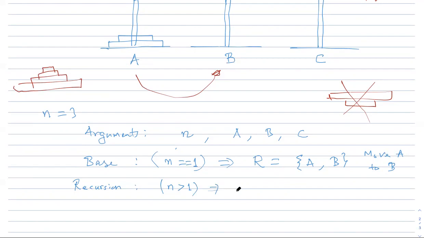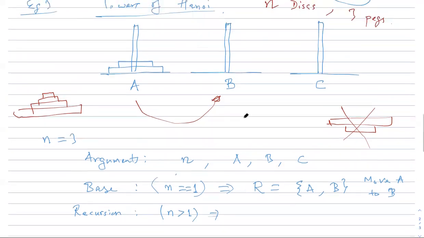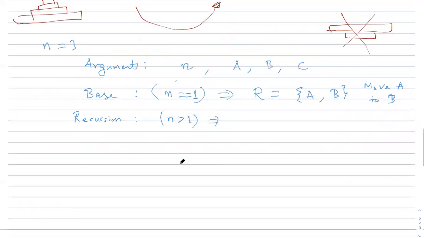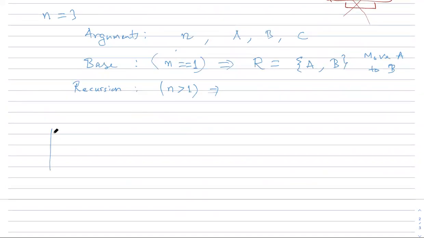One of the ways to think about it is because this peg C is there, let's just visualize this. So this is your A, this is your B, and this is your C. Suppose you have 3 disks, 1, 2, and 3.